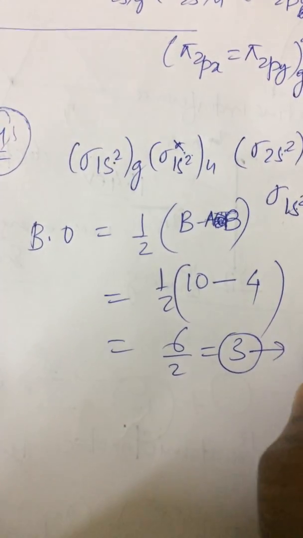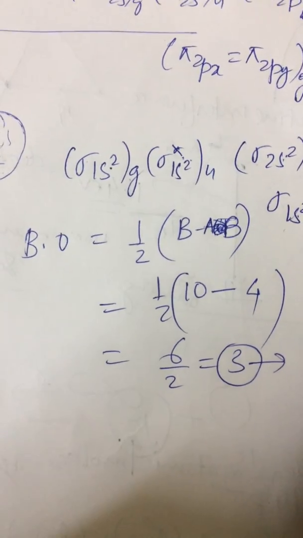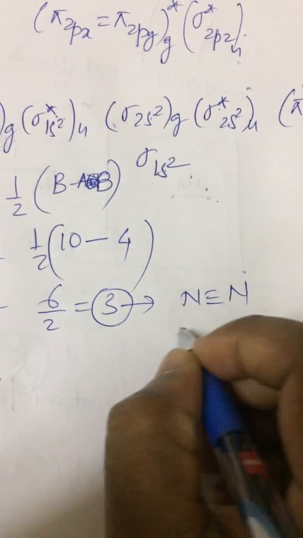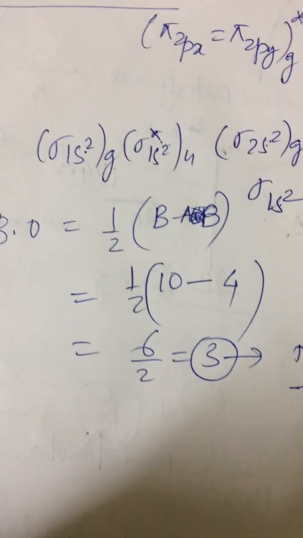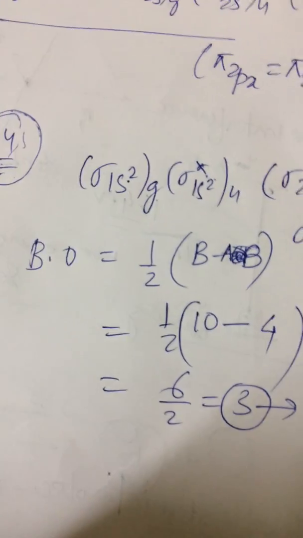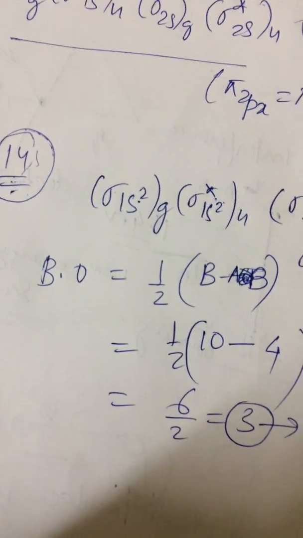As you know, 3 is the bond order of nitrogen. So with the help of this we can calculate the bond order.